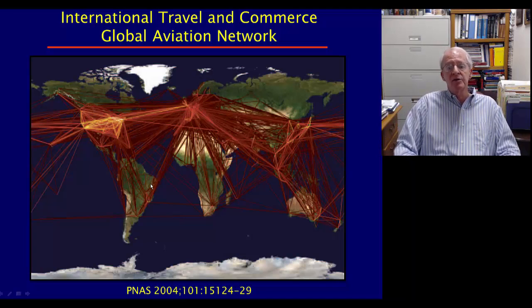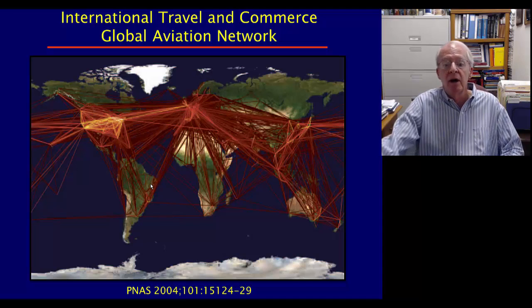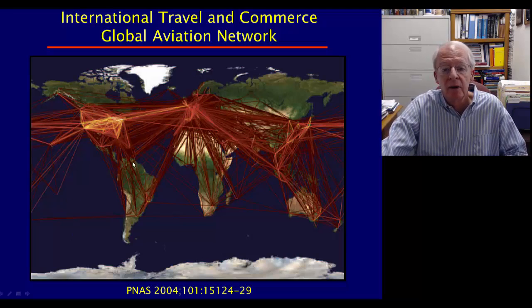International travel and commerce, I've mentioned that already. This is a slide just depicting the global aviation network on a typical day, and the red lines illustrate the flights that occur.